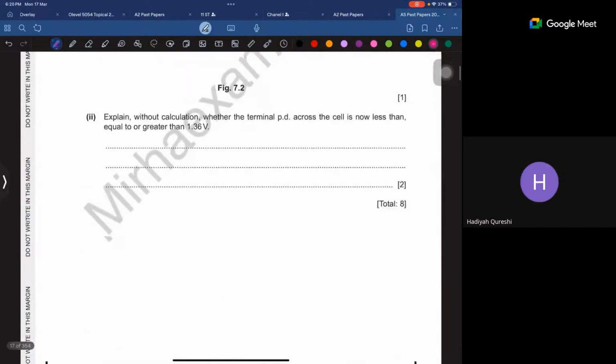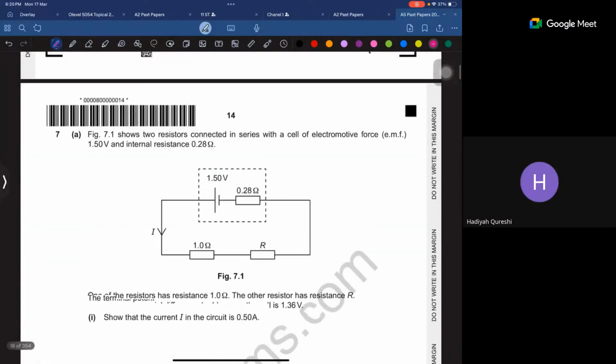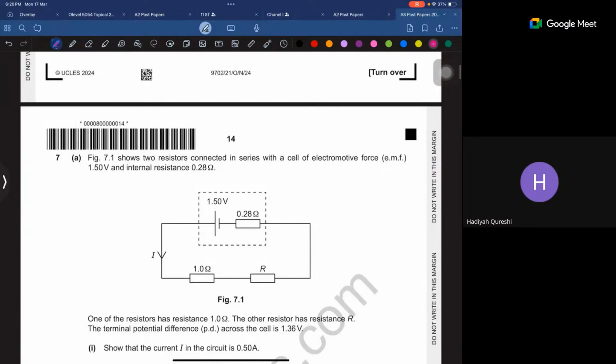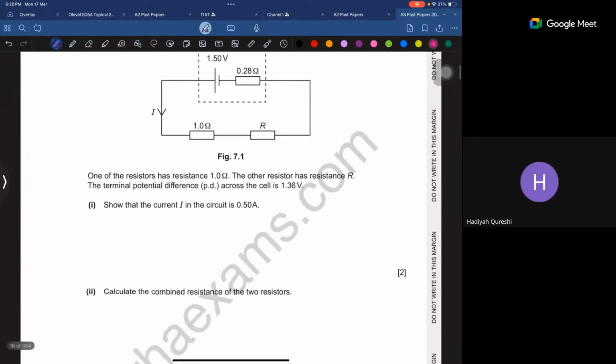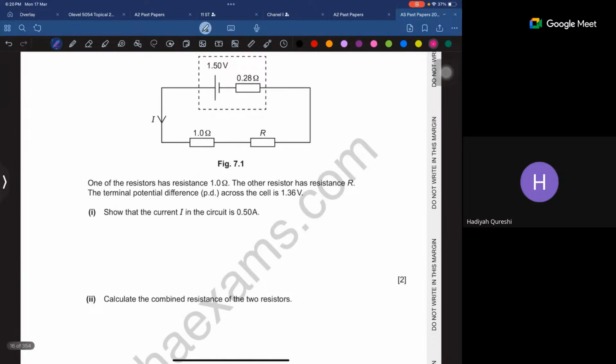Finally, we're moving towards the last question, which is this one. It says two resistors connected in series. EMF is given. One has this, and the terminal potential is 1.36, which means both of them are getting 1.36 volts. This is the terminal potential. Show that the current is this. How do I find the current?